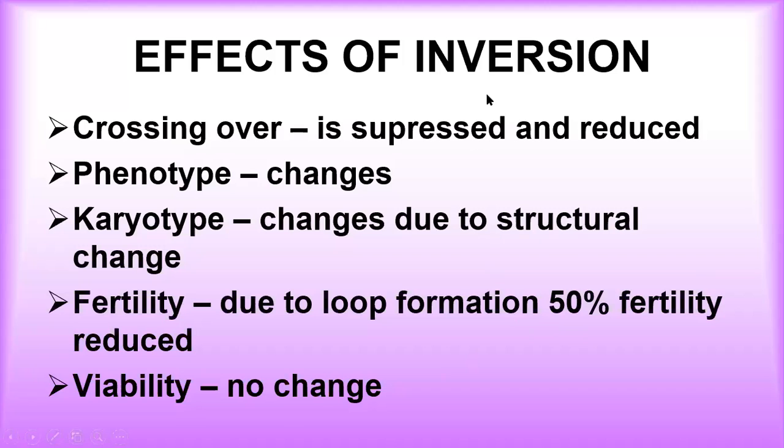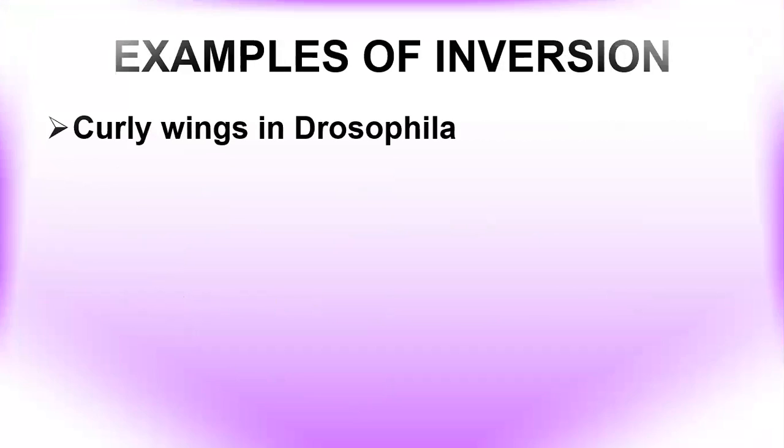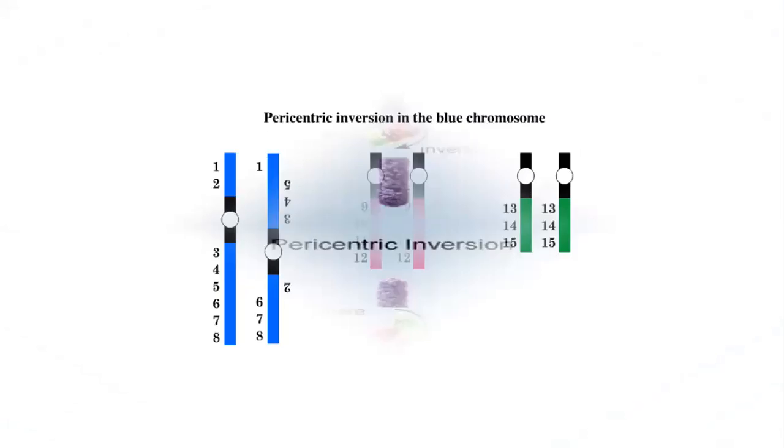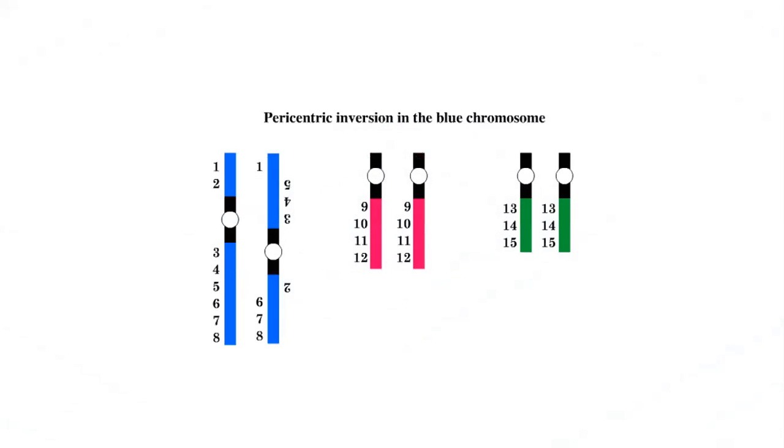In this case, it can be reduced by 50%. Viability, no change, because important genes are not lost. So with this, we complete the third type of chromosomal aberration, that is inversion.